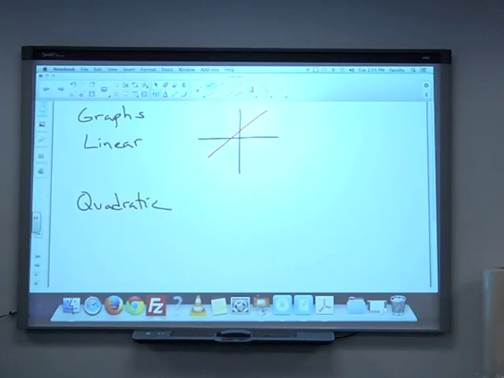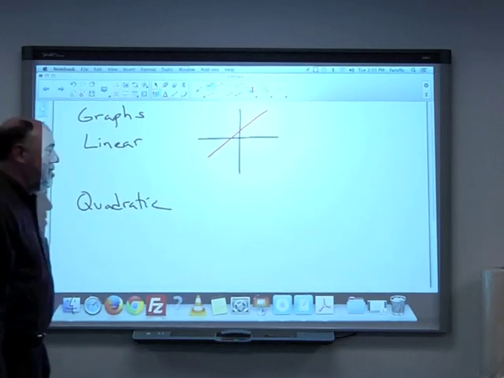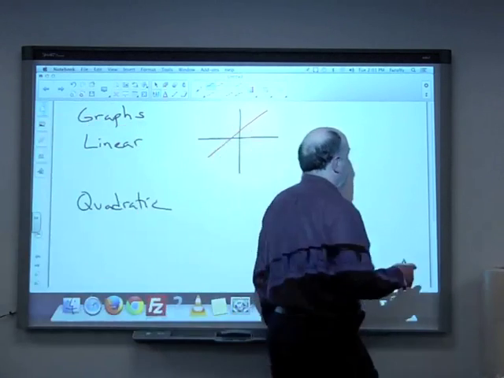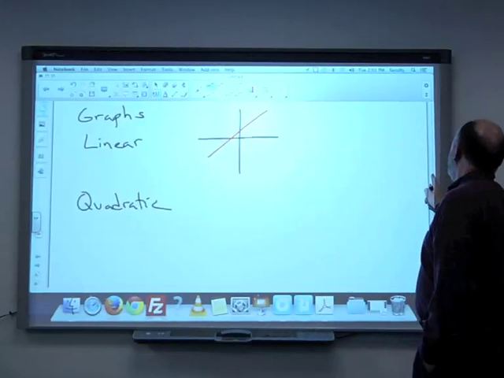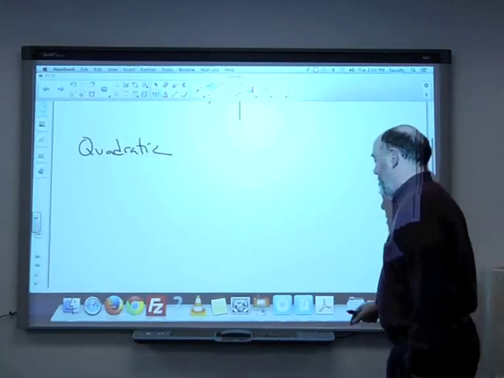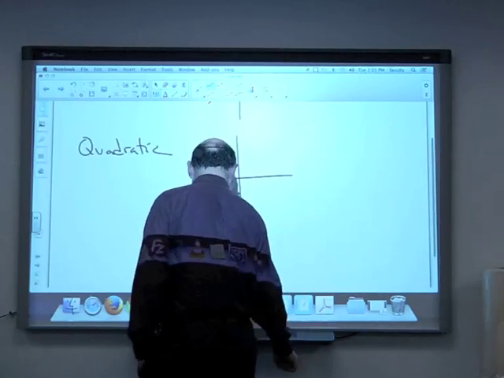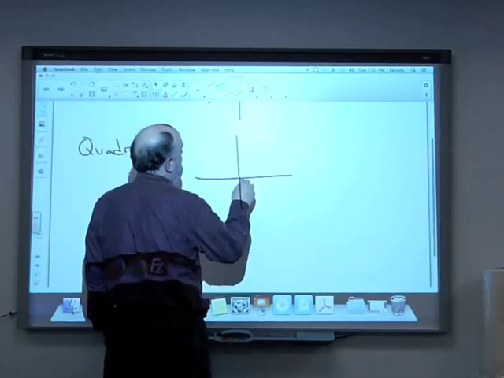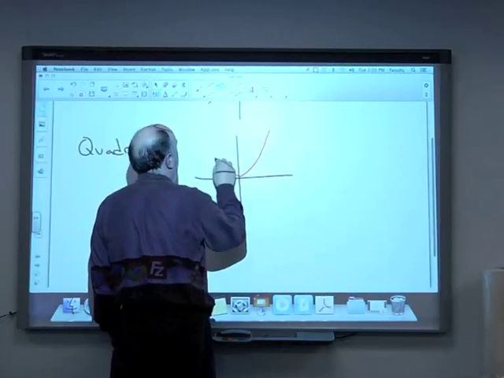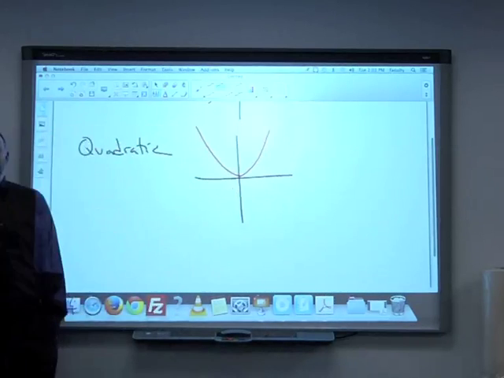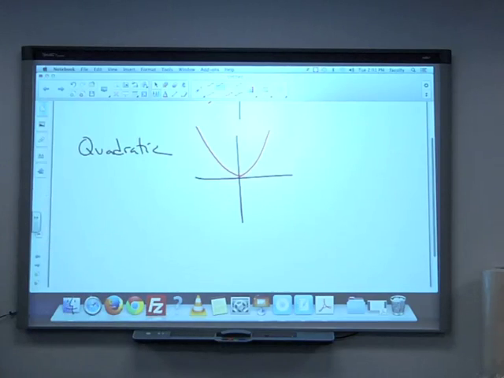What would that look like? That's a U. So a quadratic has the U shape. Basically all quadratics are going to have roughly the same shape. It just could go up faster or slower, but they all have that same basic U shape.